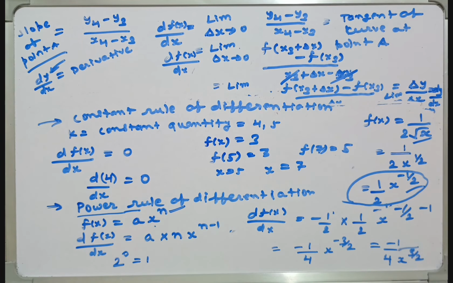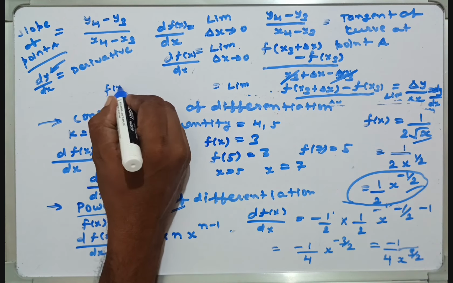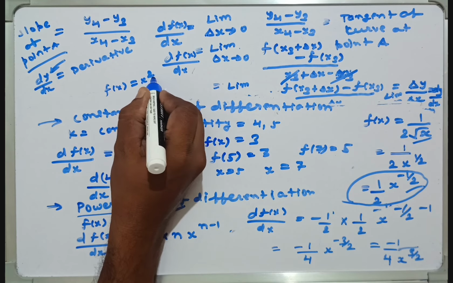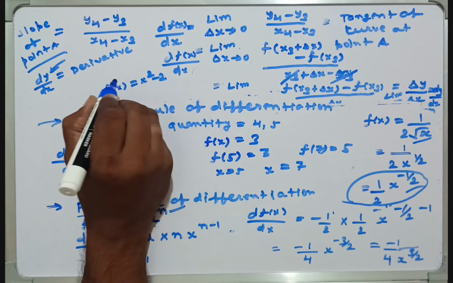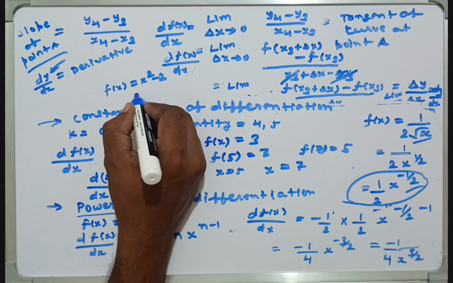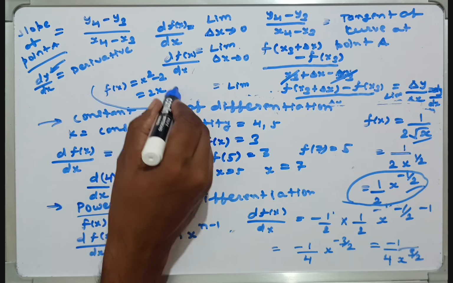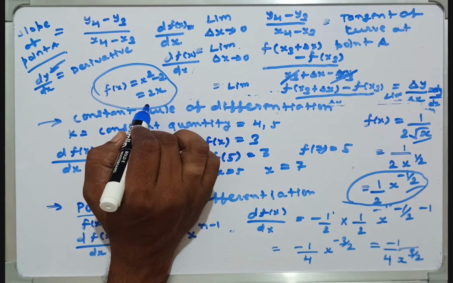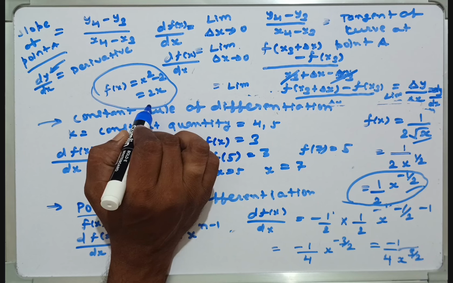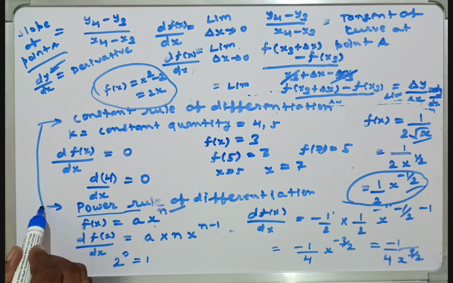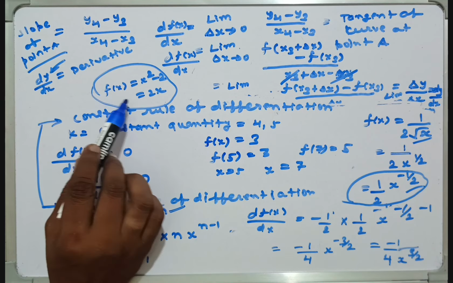Now guys, see our earlier function, f(x) equal to x square minus 2. Can we get the final result 2x, which we found by taking a limit? Now apply these two rules for finding the derivative.